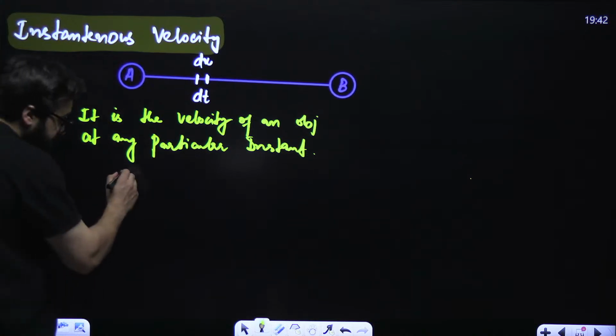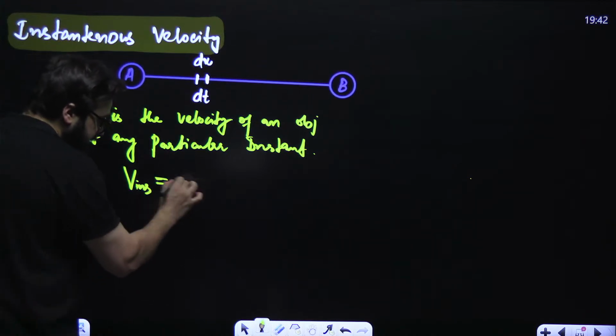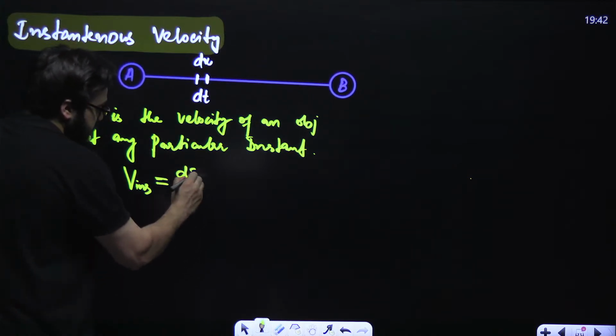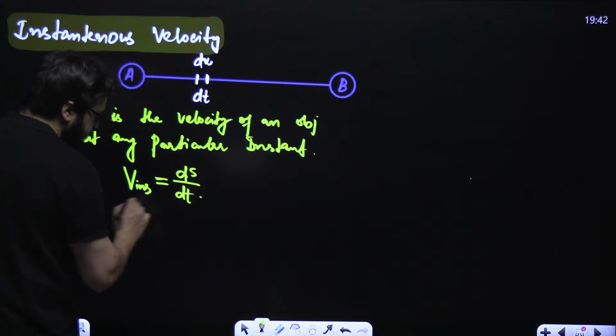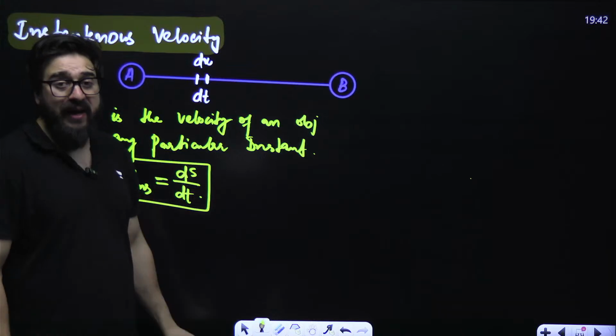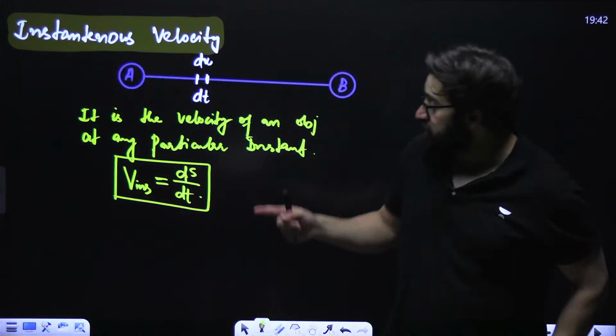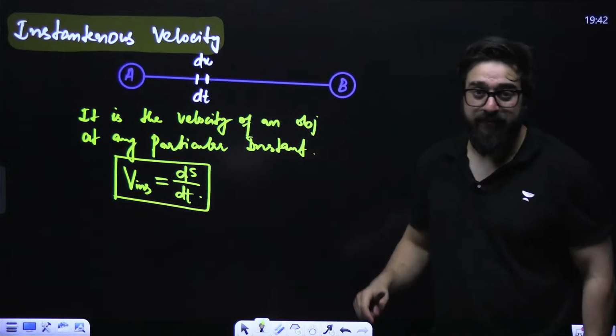And when it comes to the instantaneous velocity, we write it something like this, that is simply ds divided by dt. That is small change in displacement upon small change in time.